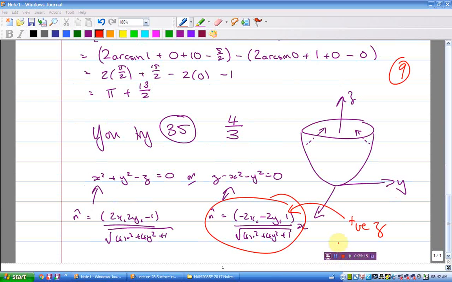Okay, I was just demonstrating here that when you work out your grad, there are two options of how you cluster the variables together on the same side of the equal sign, and the one you want is the one that gives you the correct sign of z. Okay, so here we're wanting upwards, we're wanting positive z component.